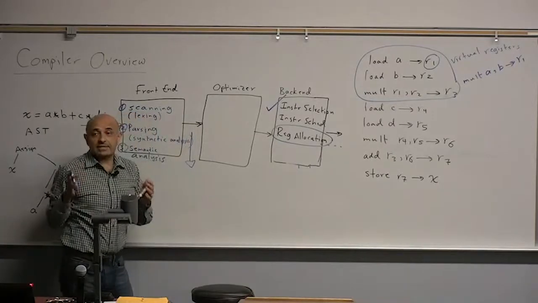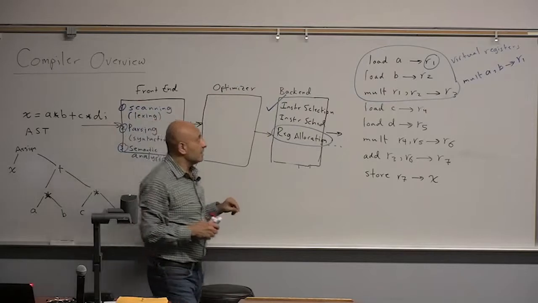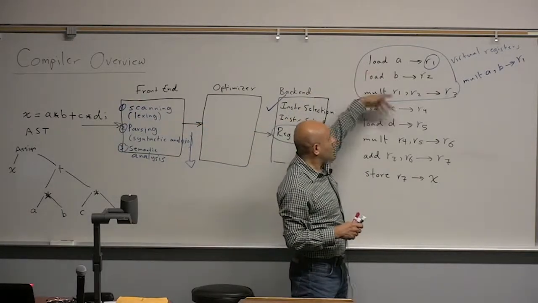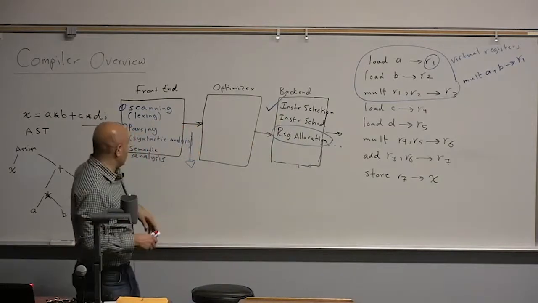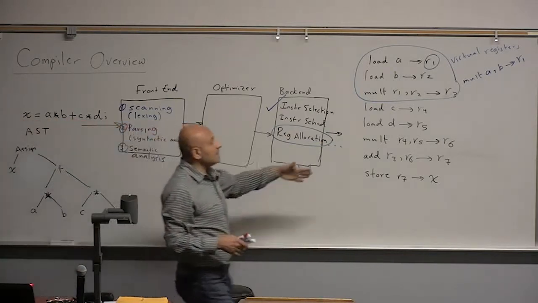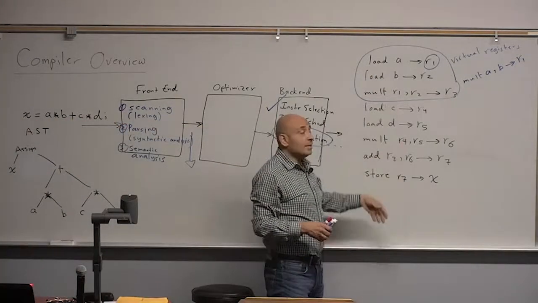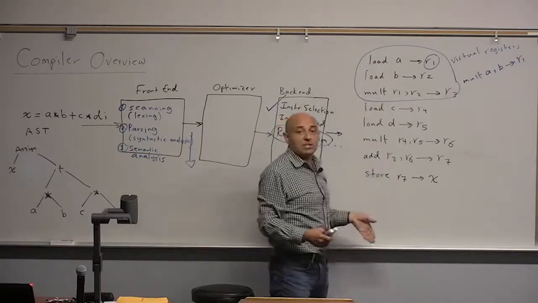So instruction selection does just that. It selects the best sequence of instructions for this intermediate representation. You can think of the abstract syntax tree as a high-level intermediate representation, and this abstract assembly as a lower-level intermediate representation, which is not quite machine code yet.